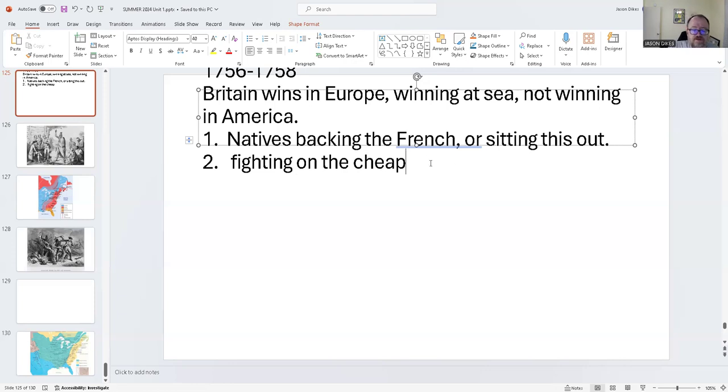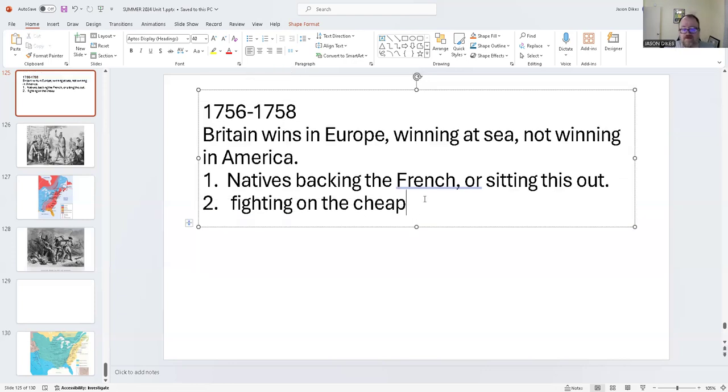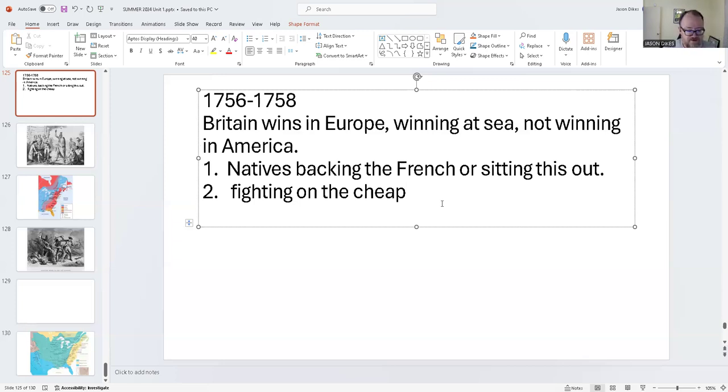And the British are also trying to fight the war on the cheap. So they're not spending the kind of money that's necessary to prosecute the war in North America. But the big problem, yeah, up here, natives are simply backing the French or simply sitting this one out. Things begin to change in 1758.